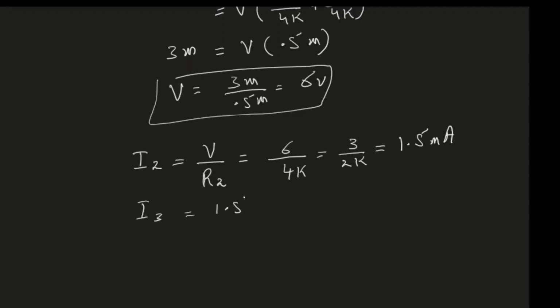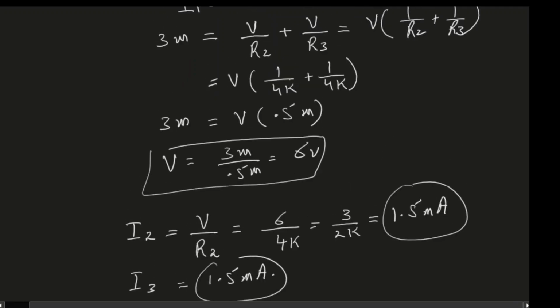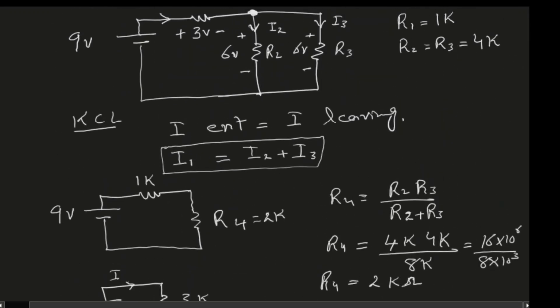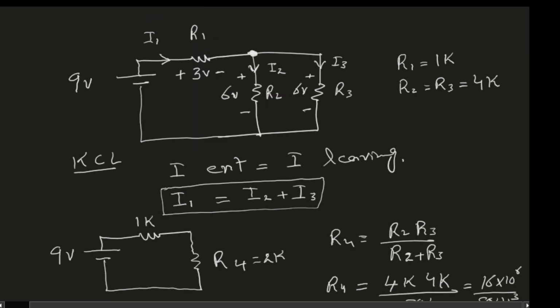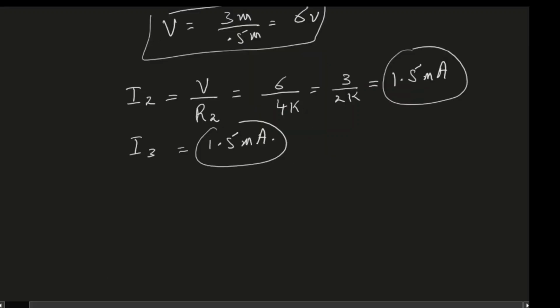So that will also be 1.5 milliampere. And now you can see that 3 milliamperes enter the node and 3 milliamperes leave the node. Now you have calculated all the currents and all the voltages in the circuit, and it satisfies all the laws, Ohm's law, as well as KVL and KCL, so everything is satisfied.